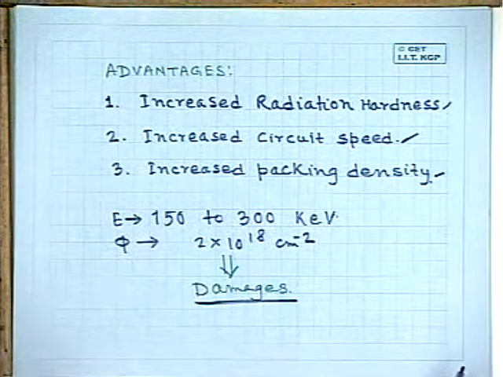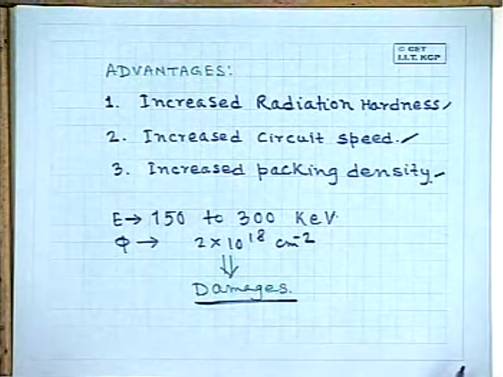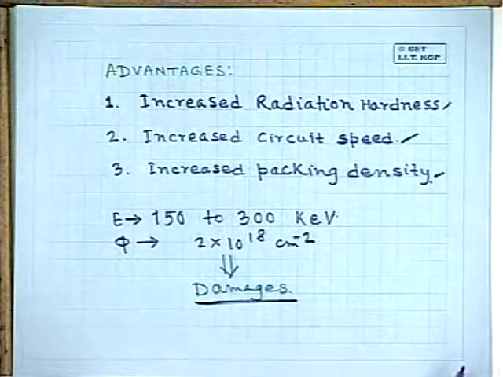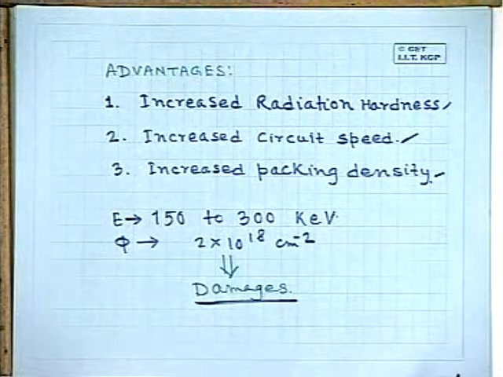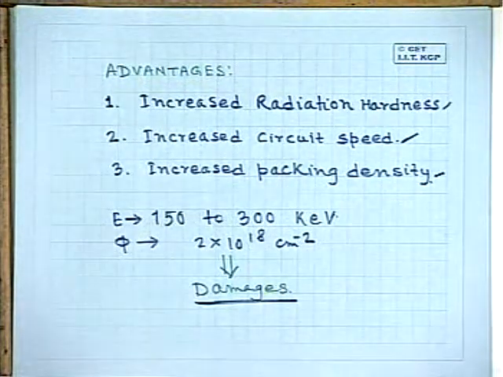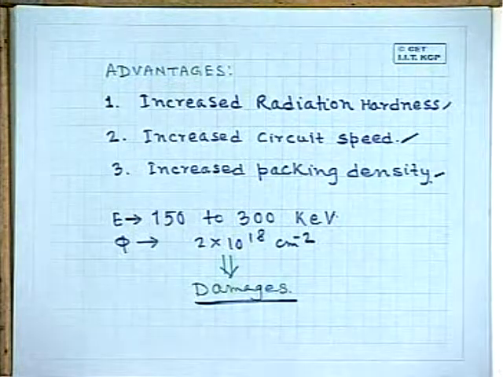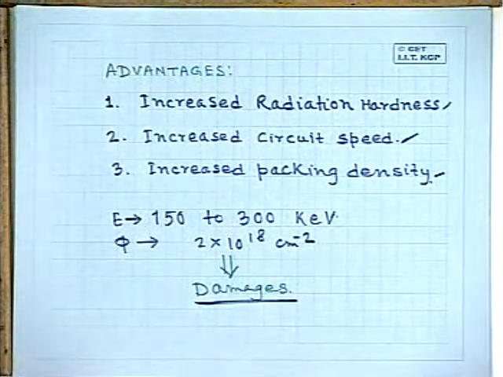And if you cannot reduce those damages, they will contribute to surface leakage currents, and the surface leakage currents will be more, and that is not good for any device.